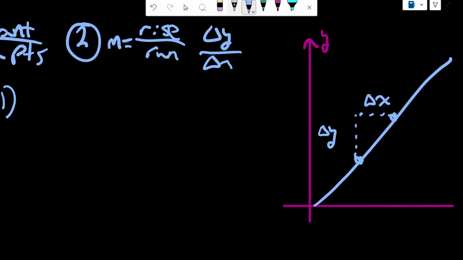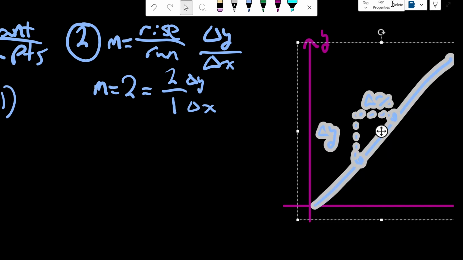So we write this as change in y over change in x, which is a fraction. Pretty neat, no? So you'll notice that 2 is not a fraction, but we can do a fun, sneaky little thing here and say that 2 is the same as 2 over 1, because anything over 1 is itself. And now we do have a rise over a run, change in y over our change in x.